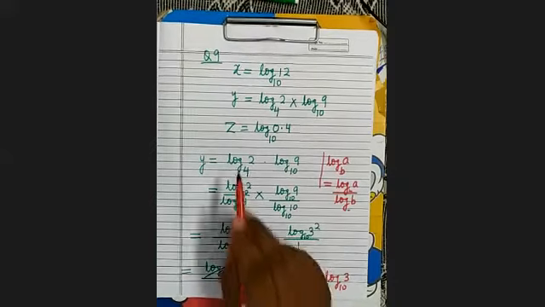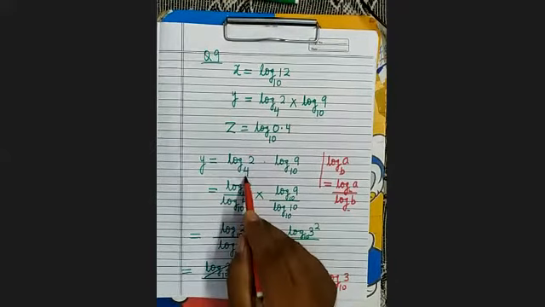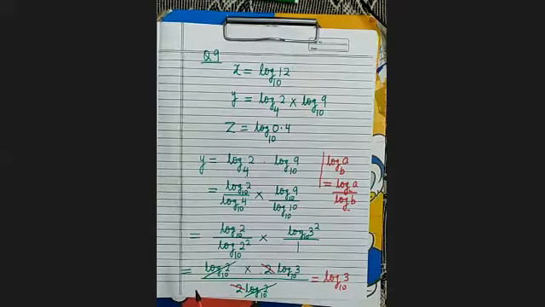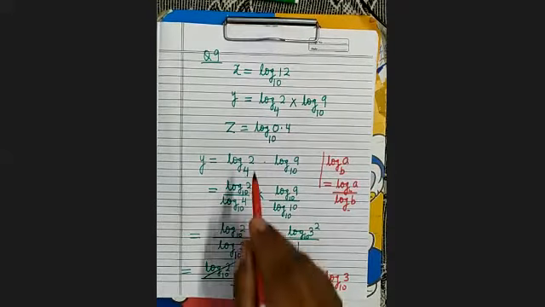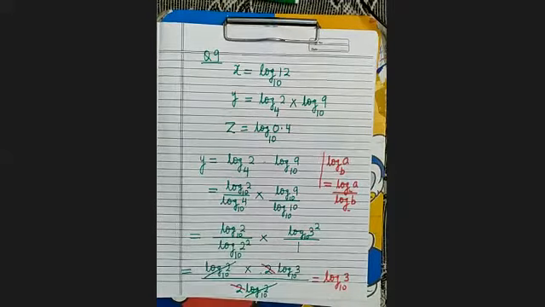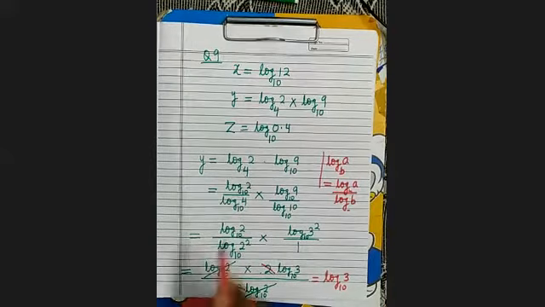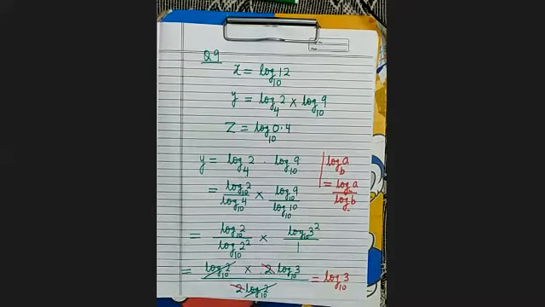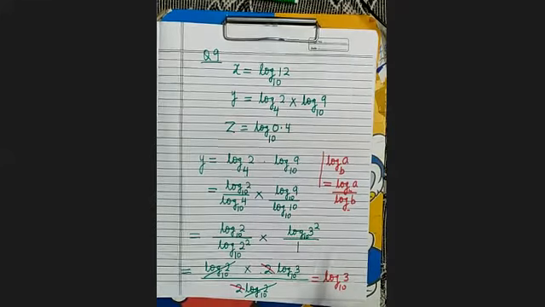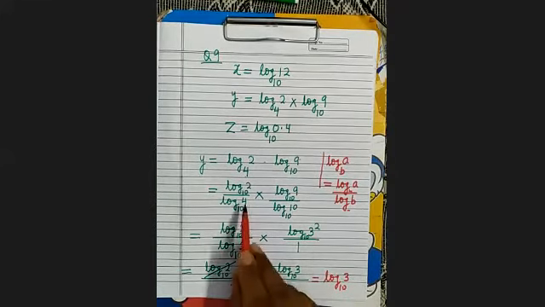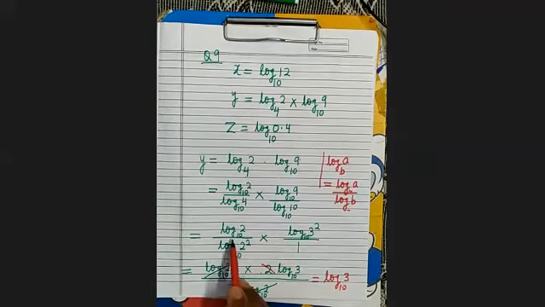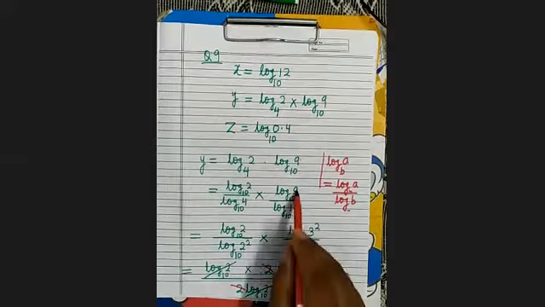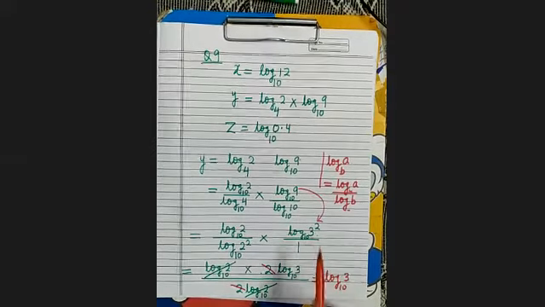Now you see once again, log 2 to the base 4 into log 9 to the base 10. This you can write as log 2 upon log 4, base is not given, you write down base as 10, into log 9 upon log 10. Base I have taken as 10. Now log 4 I have written in the next step as log 2 square, and log 9 as log 3 square.